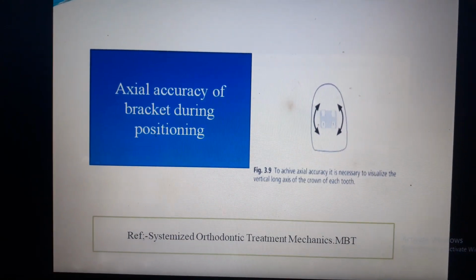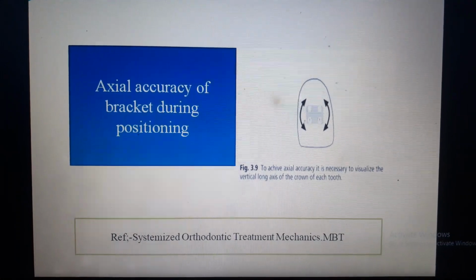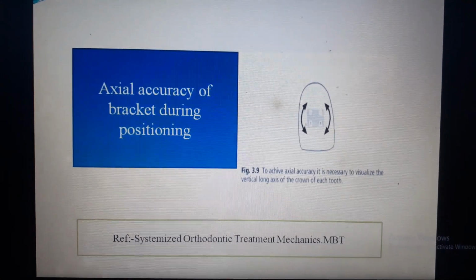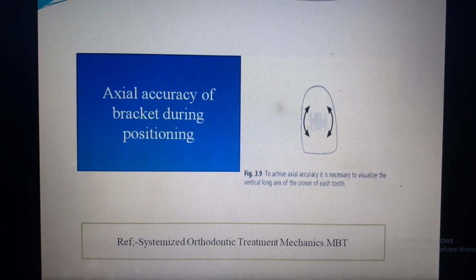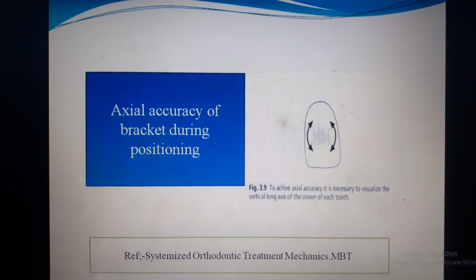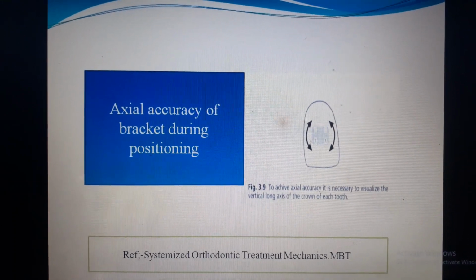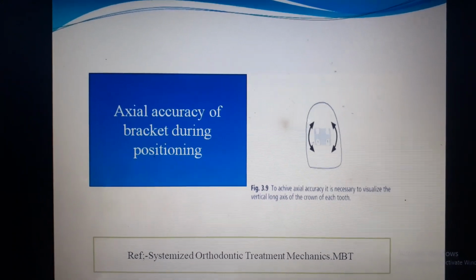Then what happens if the bracket is not positioned correctly? If there is an axial accuracy error in bracket positioning, what happens? To achieve axial accuracy, it is necessary to visualize the long axis of the crown of each tooth.